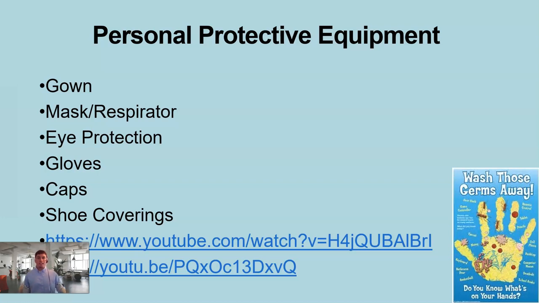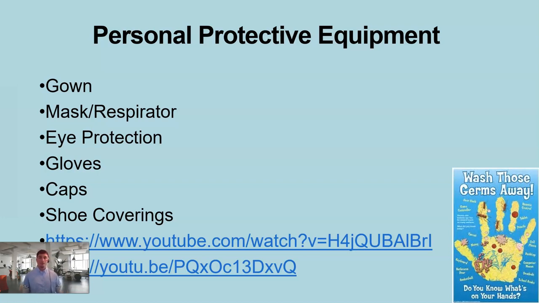PPE is personal protective equipment that healthcare personnel use to stop infection and the spread of infection. So gloves, masks, goggles, face shields, shoe coverings are all examples that can be used by themselves or in conjunction with everything else listed.